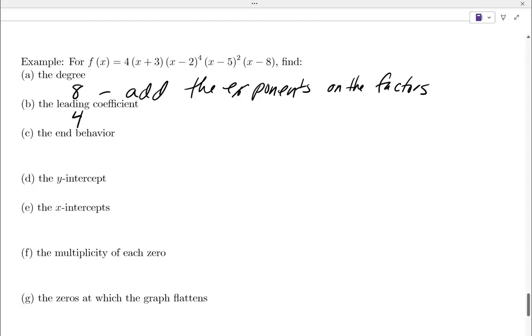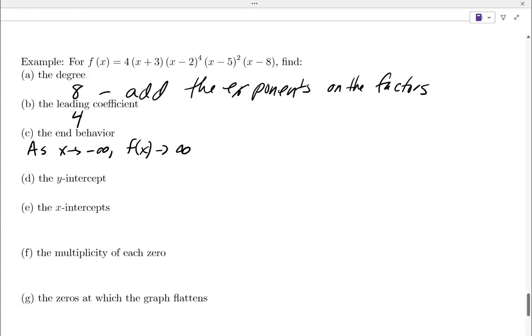All right, so this is where we get to end behavior. Degree is even, so tails same direction or opposite direction? Same, right? Leading coefficient is positive, up or down? Up, okay? So now we need to write that as math symbols. As x goes to negative infinity, f of x goes to positive infinity, right?